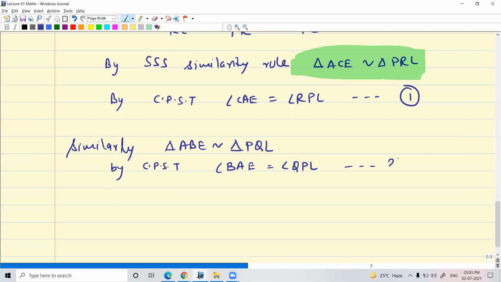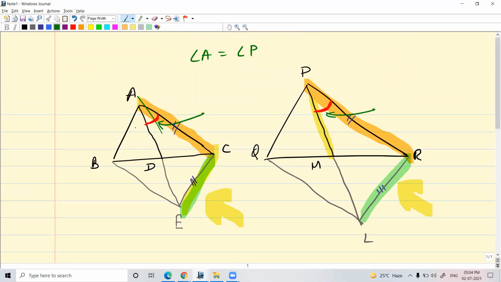Let's call this the second equation. Now we can simply add these two equations, CAE and BAE. When we add them together, CAE and BAE together will become the angle BAC. These two angles together will become QPR.